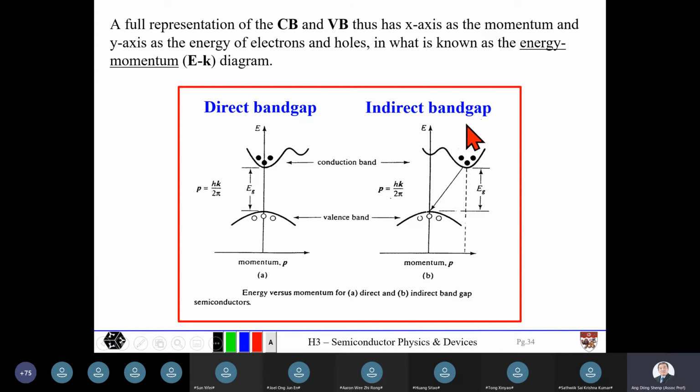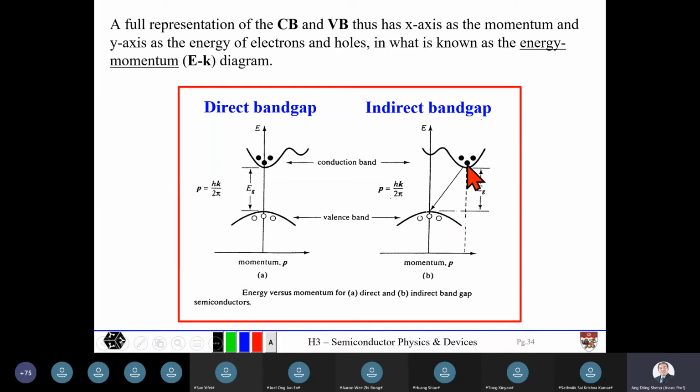In this case, the excess electron energy is emitted in the form of light. Now, in the indirect band gap semiconductor, the situation is very different because the minimum of the conduction band and the maximum of the valence band occur at different crystal momentum. In other words, an electron in the conduction band has a different momentum compared to the holes at the top of the valence band.